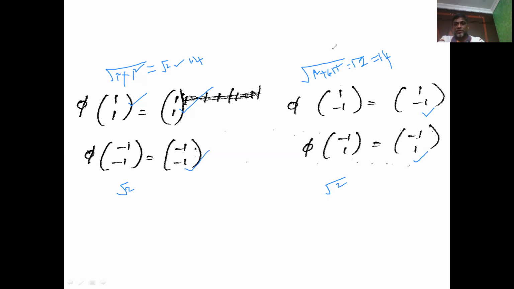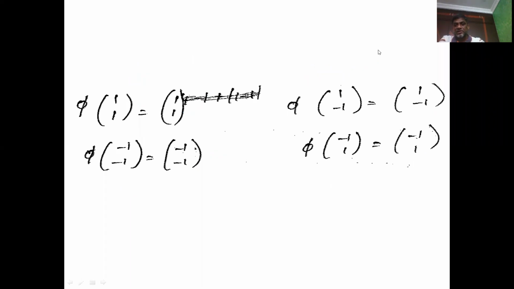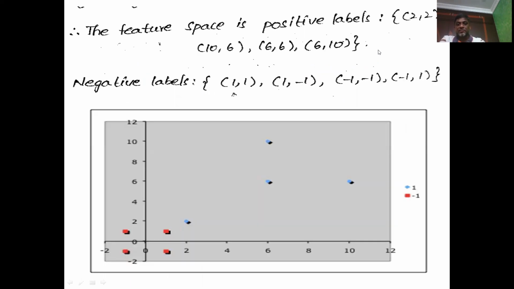Okay. So now we have calculated all the feature space points. Now let us represent this into the diagram to see whether they are linearly separable or not. So the new points now are 2 comma 2, 10 comma 6, 6 comma 6, 6 comma 10, and these negative labels are again same.